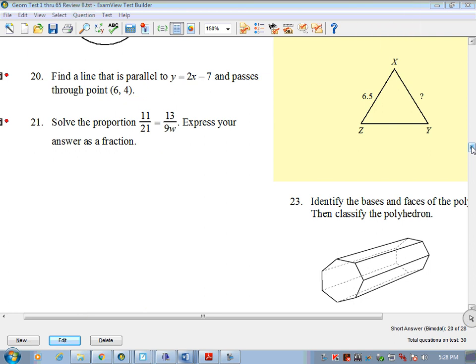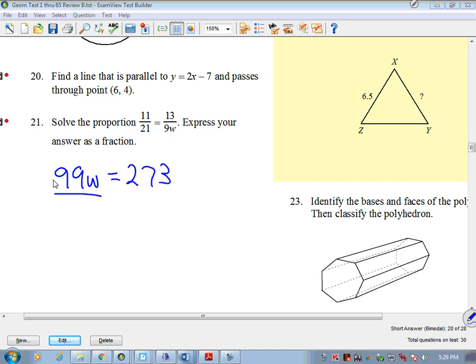Okay, number 21, solve the proportion. Cross multiply and divide. That's all we really need to do here because it's proportional. So we're going to get 99W equals 21 times 13, which you can do. 21 times 13, 273.